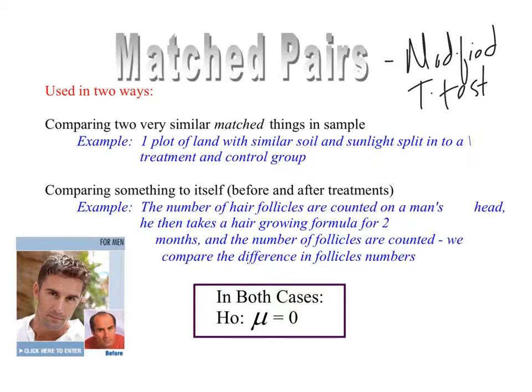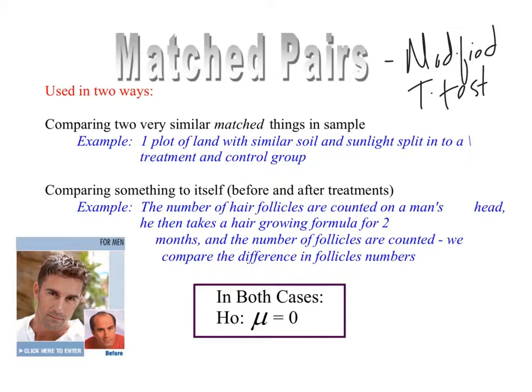I have a treatment and a control group, and I'm testing like fertilizer or something, and in the end I check the treatment group, the control group, and because it came from the same plot of land, I should be able to have a nice comparison. But again, you wouldn't seed the whole thing with this new fertilizer and then go to a spot with different rain and shade and compare that. It's important that these things are matched to each other.